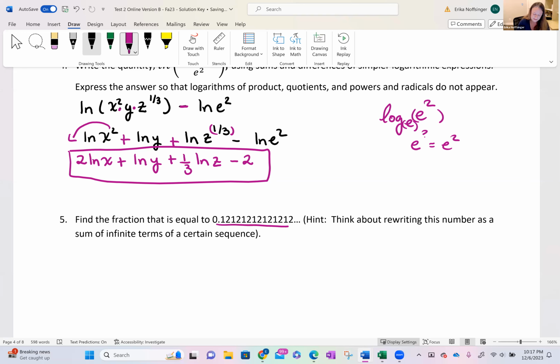Well, let's rewrite this. This is the same thing as 0.12 plus 0.0012 plus 0.000012. And I can keep on going like this forever. And so we want to rewrite this. We know what our first term is.